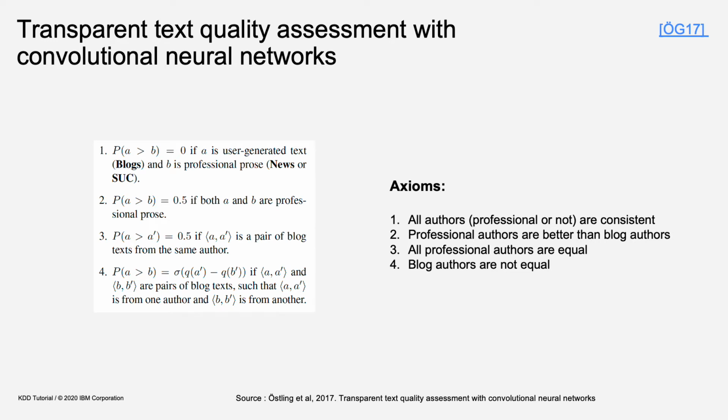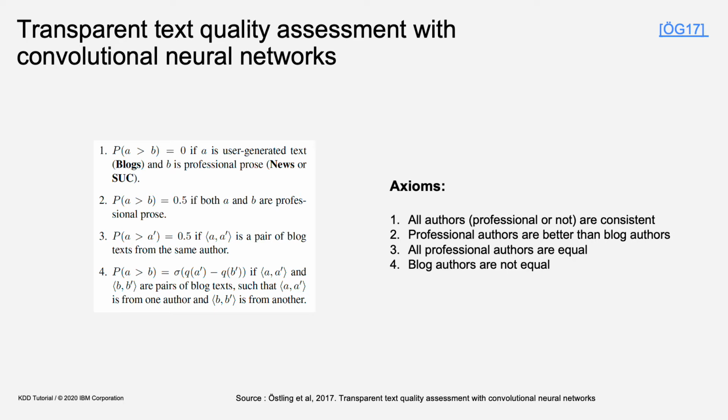During training, the authors use the cross-entropy loss with the axioms as shown in the figure. P of A greater than B equals 0 if A is a user-generated text, for example blogs, and B is a professional prose, for example news. P of A greater than B equals 0.5 if both A and B are professional prose.